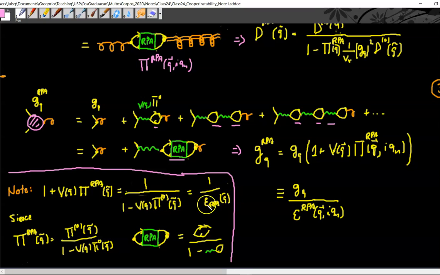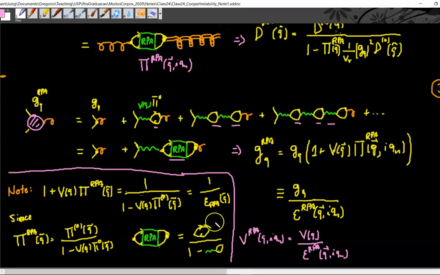So this is 1 over epsilon RPA, and this is another point that I should point out that we're going to need later. This epsilon RPA is essentially what defines the RPA potential. V RPA of Q, iQn equals the bare Coulomb potential divided by epsilon RPA of Q, iQn, which is precisely this.